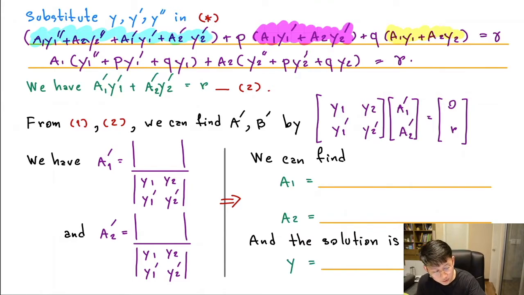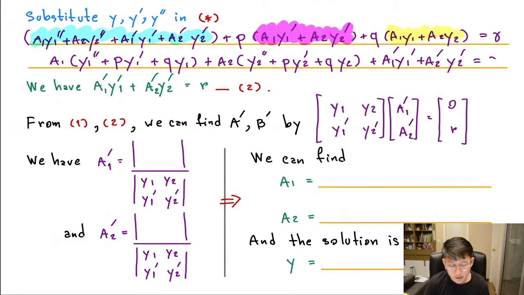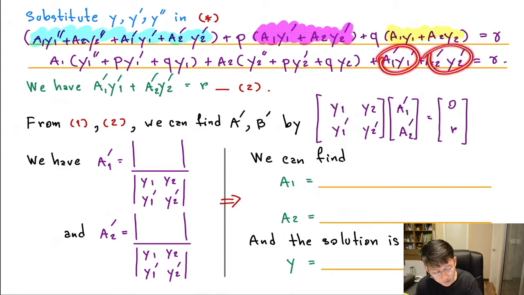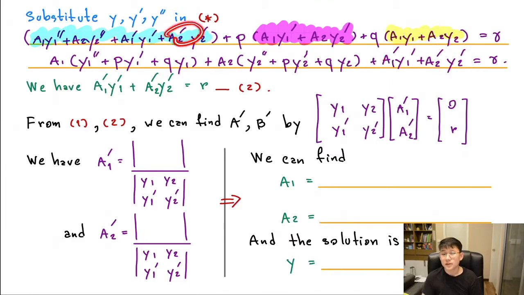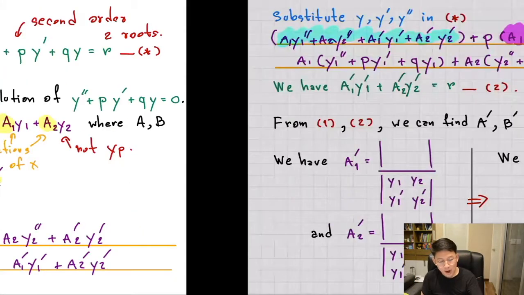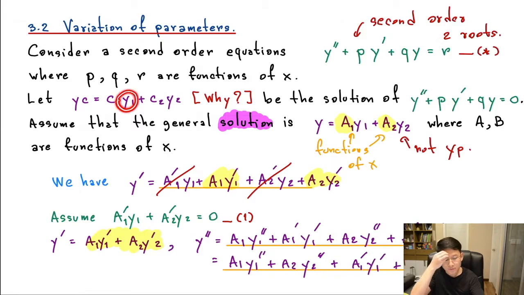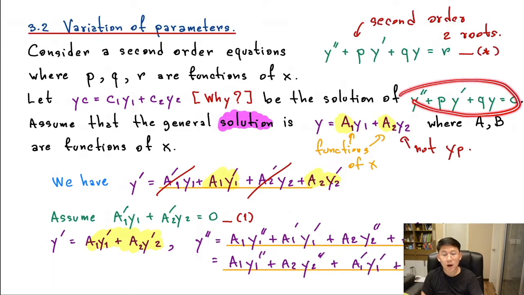Oops, sorry, we have the remaining two terms: a1 prime y1 prime plus a2 prime y2 prime equals r, because these are the remaining ones. But guys, y1 and y2 are solutions of the homogeneous equation, right?